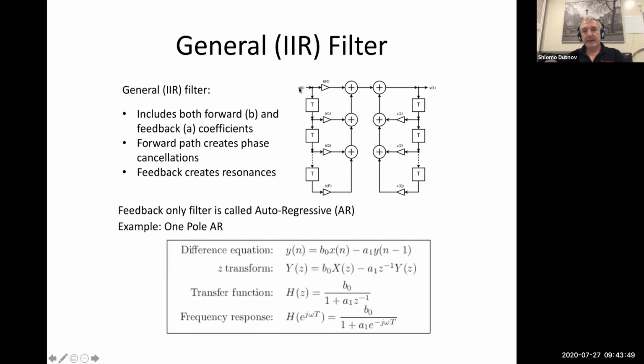You basically have an input going through a bunch of amplifiers here. The triangles are the amplifiers, and T would be the delay. And that was the forward filter. This is the convolution, and I'm sure everybody now doing convolutional neural networks knows the concept of convolution is really popular now.